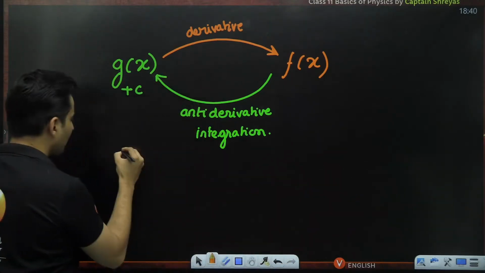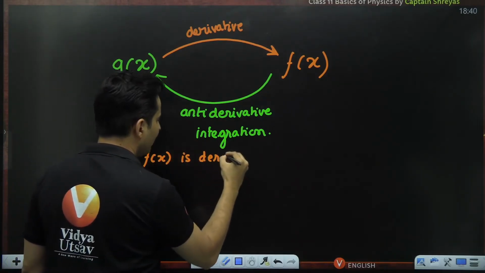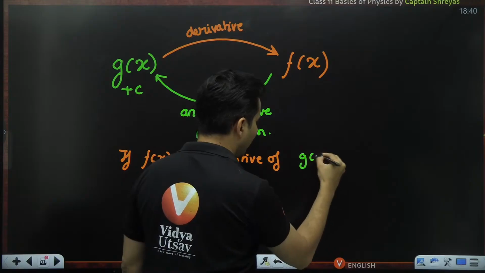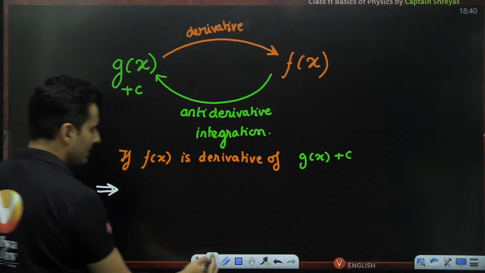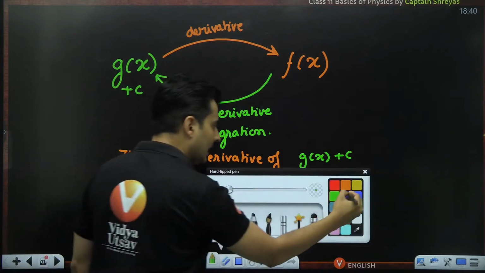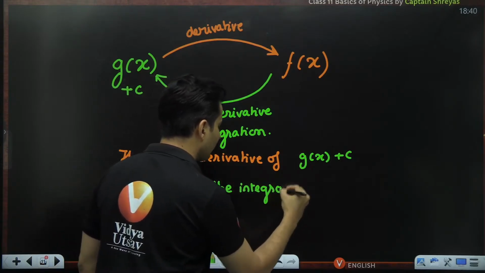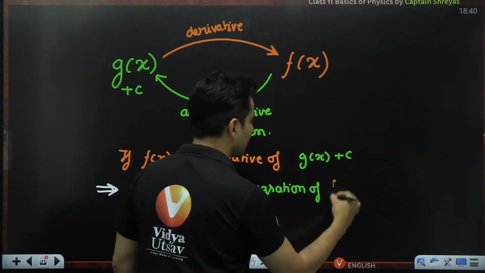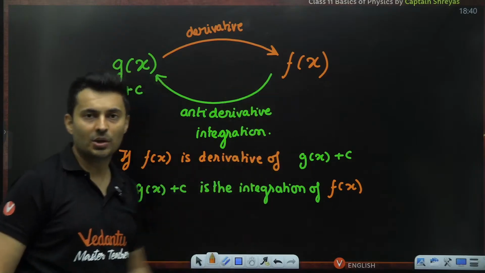So here is how I put it. If f of x is the derivative of g of x plus c, then, this is very important, it implies that g of x plus c is the integration of f of x.